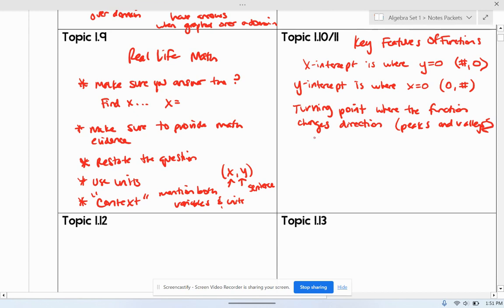An increasing variable or an interval of increase: the y values are going up. And you can remember Bertram is walking uphill.